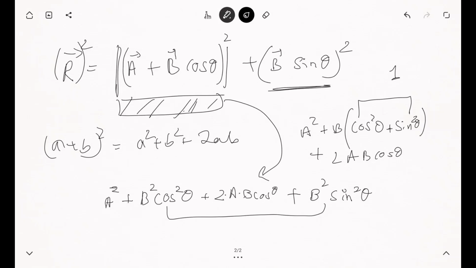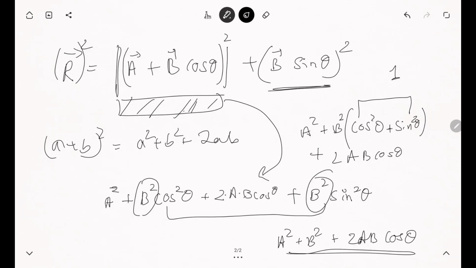So since this is 1, I just made a mistake. So it's b square here and b square here. So anyway, that gives us a square plus b square plus 2ab cos theta. This is the magnitude of the resultant vector.